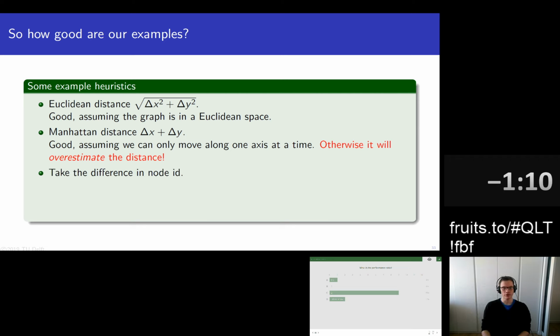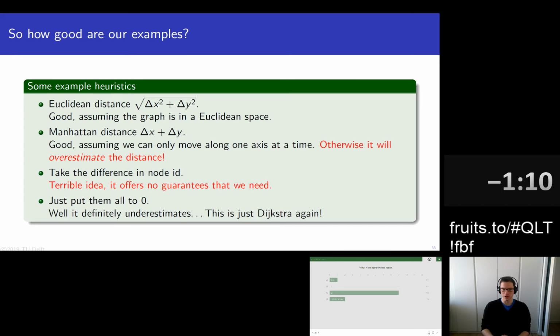What else? The difference in node ID. Well, hopefully it's clear now that that's a terrible idea. Because that doesn't mean that including another node will get us a smaller distance. It doesn't mean that we don't overestimate distances. It tells us nothing, essentially. Put them all to 0. Well, that's definitely underestimating them. Hey, but if I put them all to 0, then I've just created Dijkstra again. Now I told you can use any other constant. Is that true?